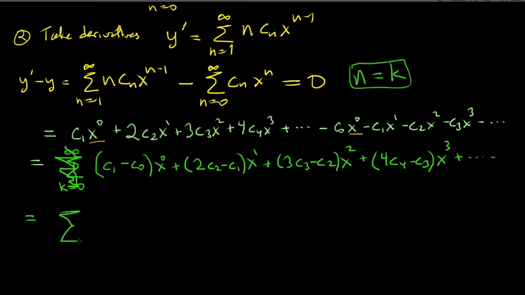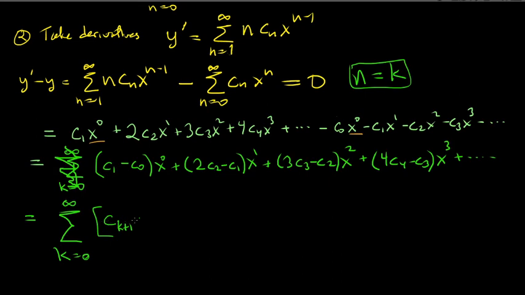Now we can write it as a formal summation, and again, I'll use k. So k goes from 0 to infinity, and what's in the parentheses here? Well, we have c1, but if we're starting at 0, then this is going to have to be k plus 1. And you notice that for the next term, it's 2 times c2.